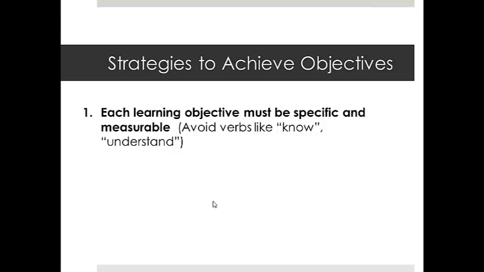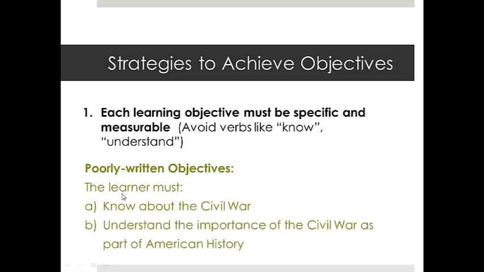Generally speaking, you should use action verbs and avoid using verbs like know or understand as part of your learning objective. For instance, let's take a look at the following learning objectives. The learner must know about the Civil War and understand the importance of the Civil War as part of the American history.